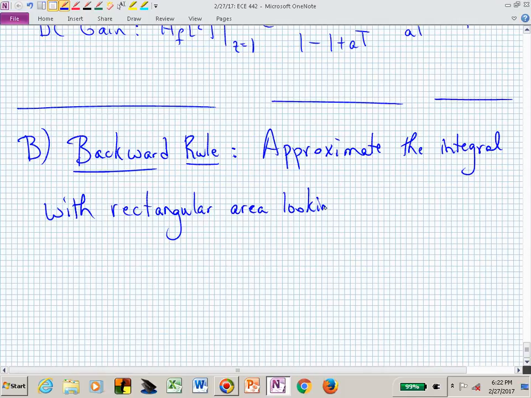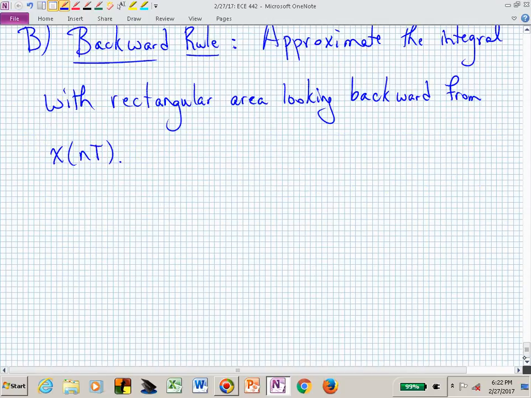But now we're actually looking backward from x at time little n capital T. Or now we have the integral from nT minus T up to nT of x of tau d tau.